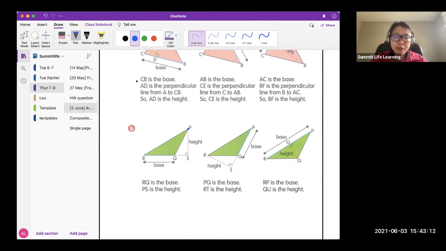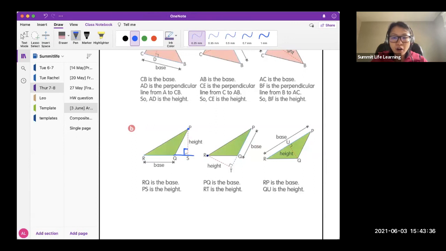So how can I present the right angle? What you need to do is extend the base so that it meets with the height and you have 90 degrees here. But the base will still be RQ instead of RS. QS is the extended part. We don't want it to be the base. We want RQ as the base.